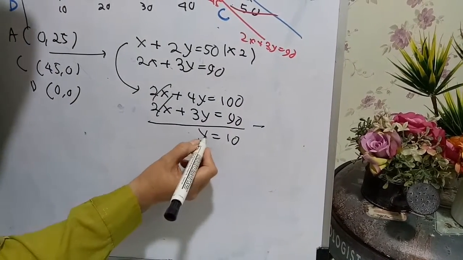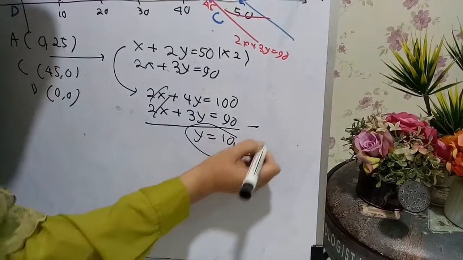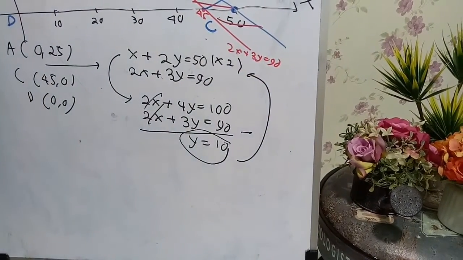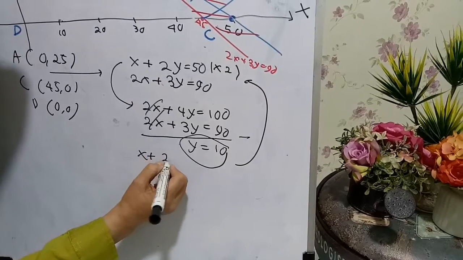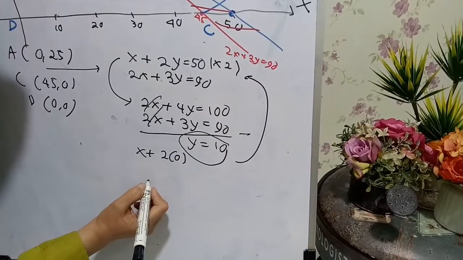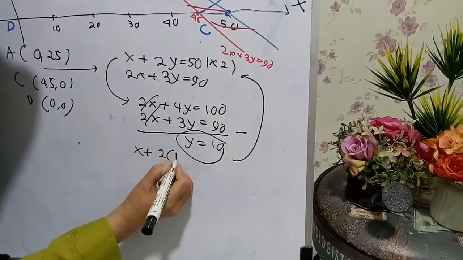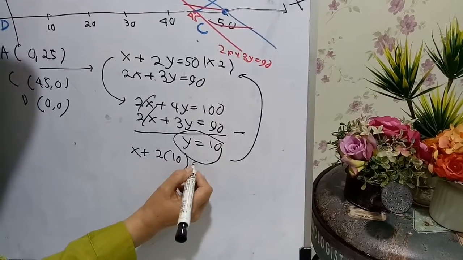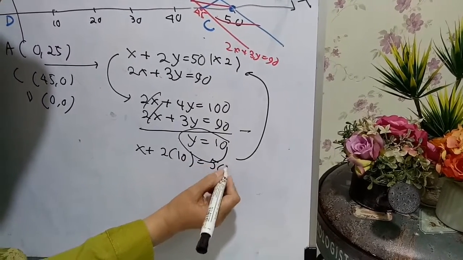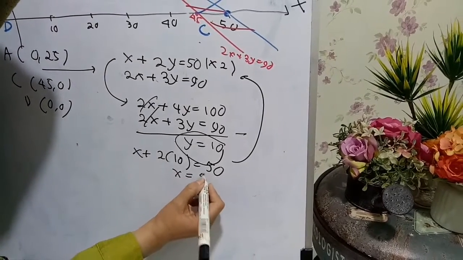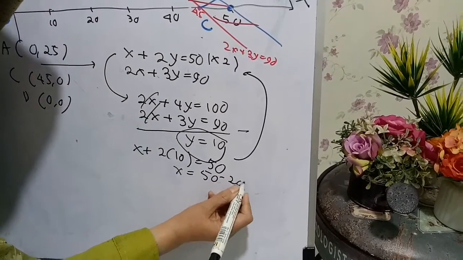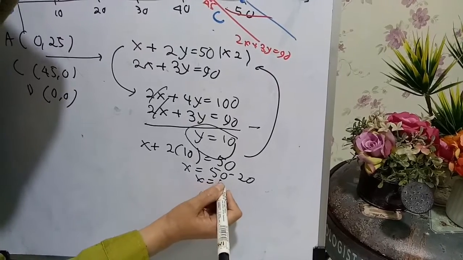We put this value into the first equation. So x plus 2 times 10 equal to 50, and then x equal to 50 minus 20, which gives us 30.